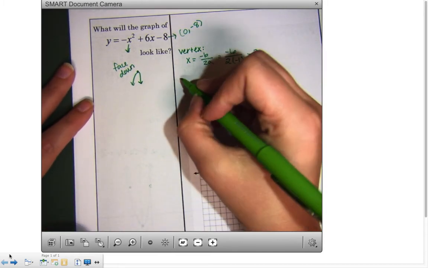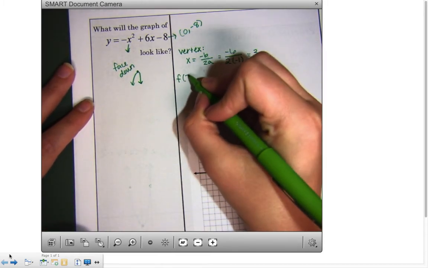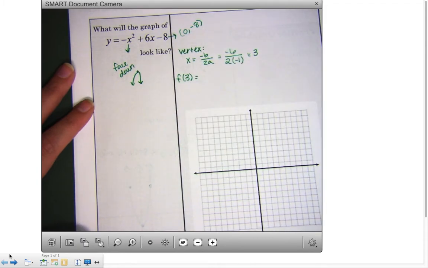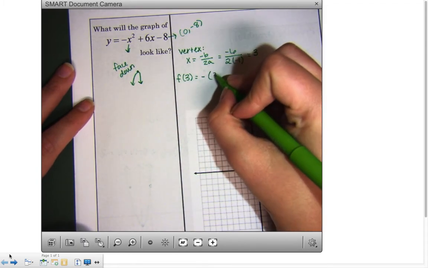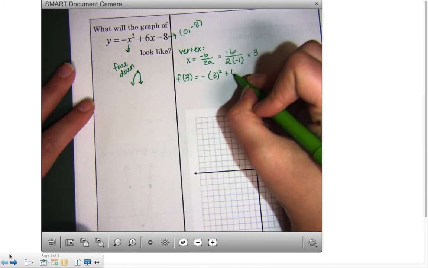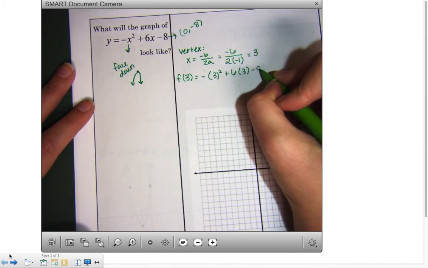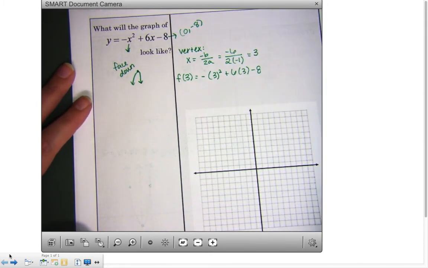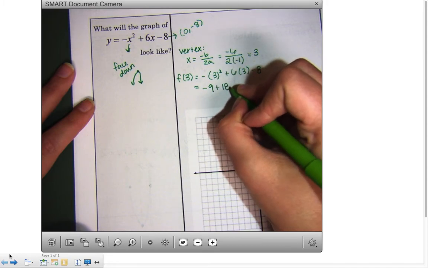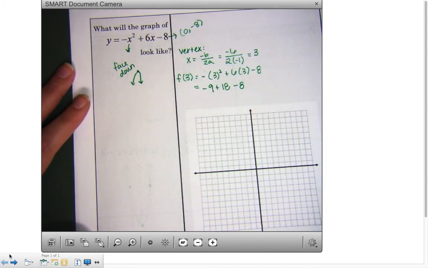To find the y value of the vertex, substitute 3 back in. So I'm going to say f of 3 equals negative 3 squared, plus 6 times 3 minus 8. 3 squared is 9, times negative 1 is negative 9, plus 18 minus 8.